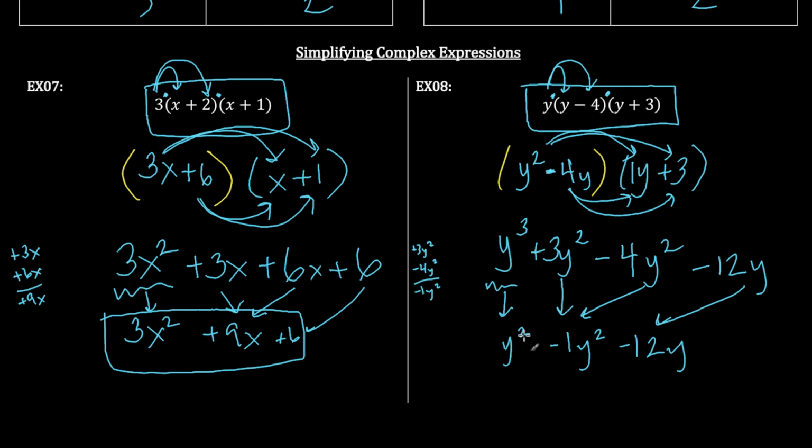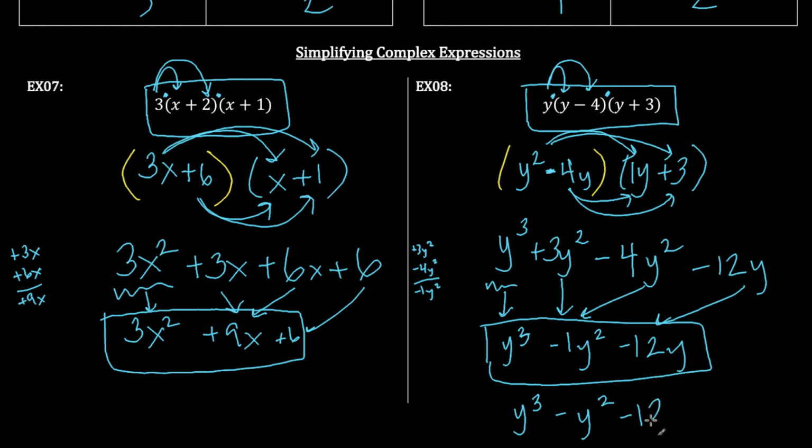Oh, this should be to the third power. Truthfully, here we should simplify it further to y to the third, or y cubed, minus y squared minus 12y. I'm going to put a star on this one.